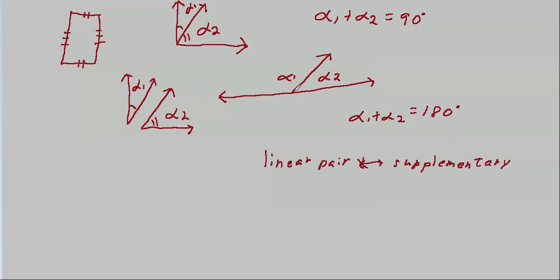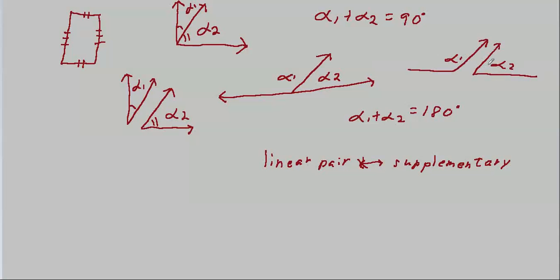The same as this over here. These two angles, written like this, they are both supplementary and a linear pair. However, suppose they were written this way. There's alpha 1, but there's alpha 2.